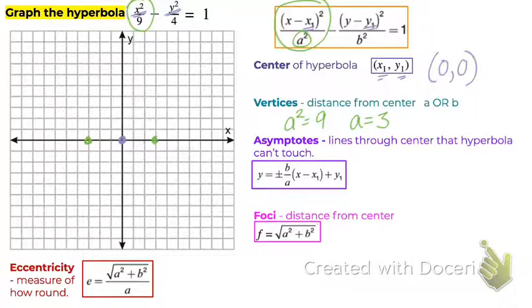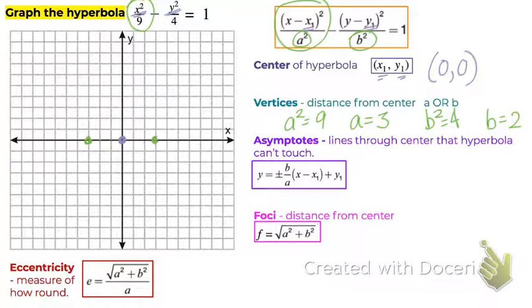Now before we sketch our actual hyperbola, we need to know where the asymptotes are. There's a formula to find the asymptotes, and you'll notice that to use that formula, we need to know the center, we need to know what A is, and we also need to know what B is. So if b squared is what's underneath the y squared, let's say b squared is 4, we know that b is 2.